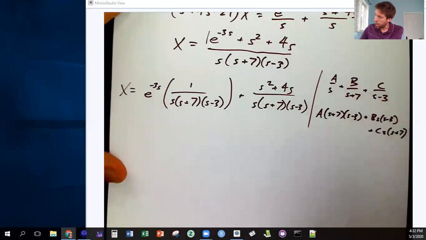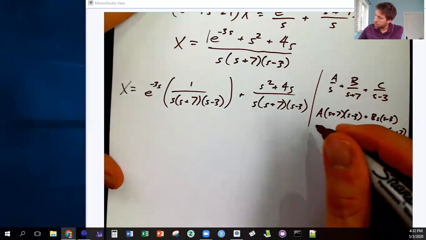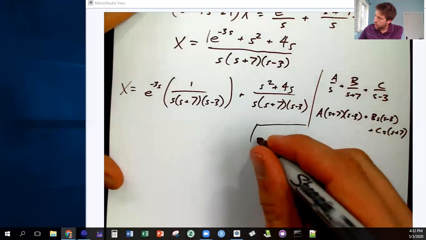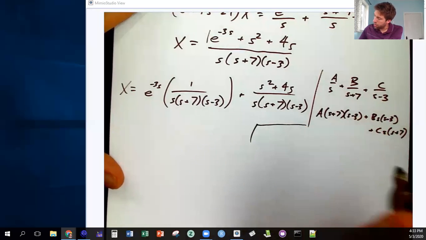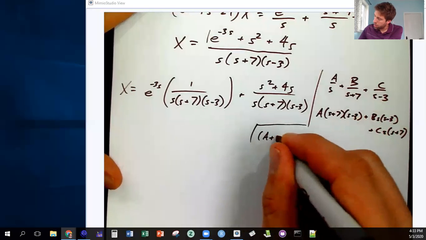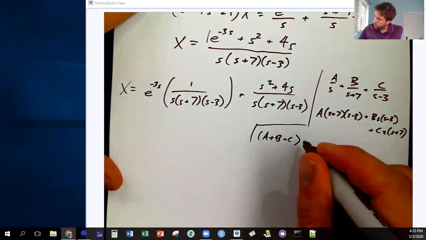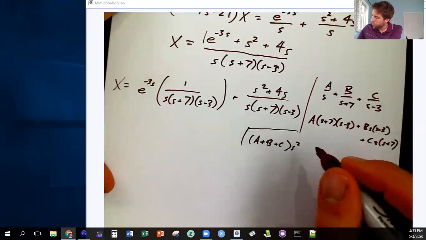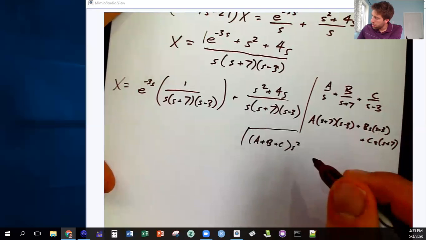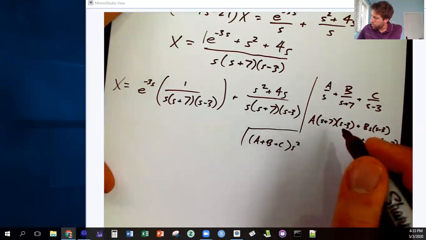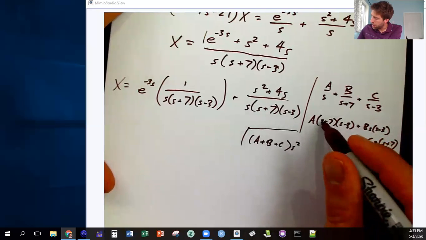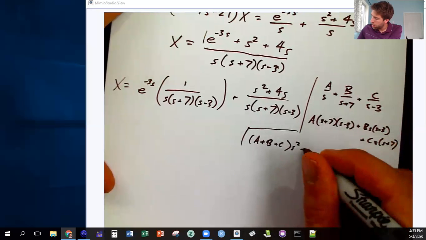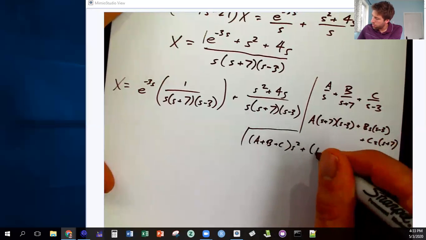Okay, so that means you've got how many s squared terms? A, B, and C are all included in s squared terms. And then you've got how many s terms? You got 7s minus 3s, so 4a.